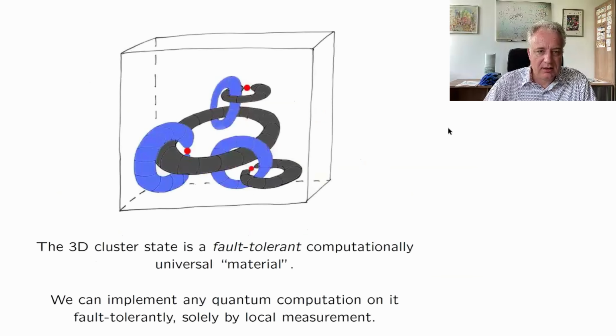And if you want to do the same fault tolerantly, then you can go one dimension higher. You can do fault-tolerant universal quantum computation with a three-dimensional cluster state. We will also look at that briefly, because fault tolerance isn't really at the center of this lecture, but we'll talk about it.